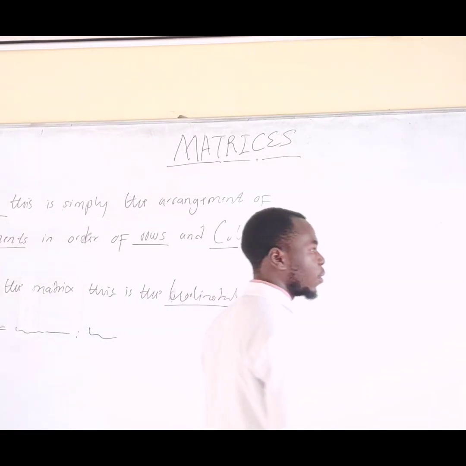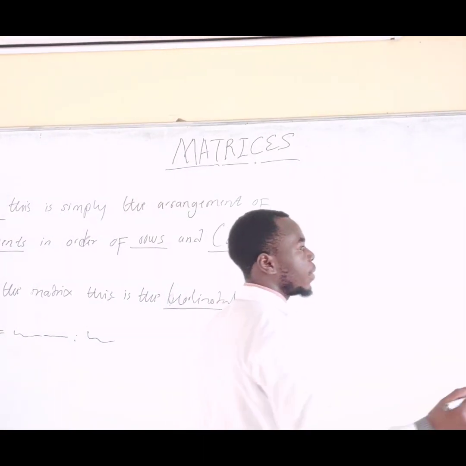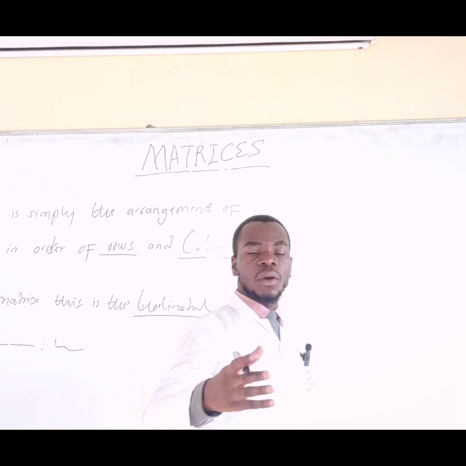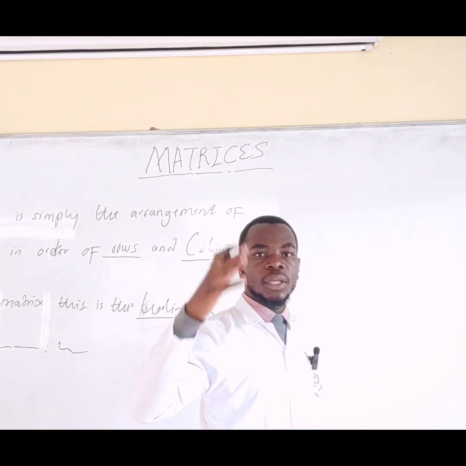Now let's talk about the order of any given matrix. Remember, the elements in any given matrix are arranged in the order of columns and rows.